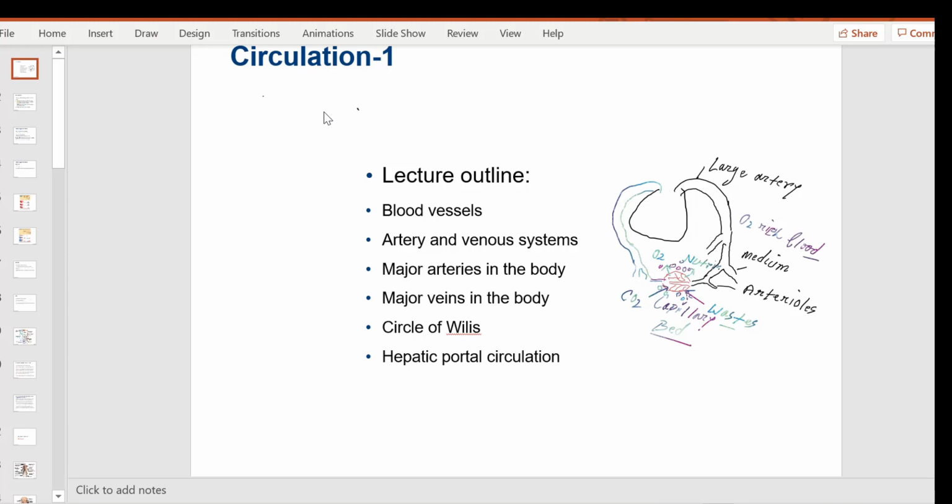So now the capillary blood gets carbon dioxide and releases oxygen, and by doing that the capillary blood becomes deoxygenated, and that deoxygenated blood then goes to the heart. Okay, to the heart. So that is how the circulatory system in systemic circulation works.